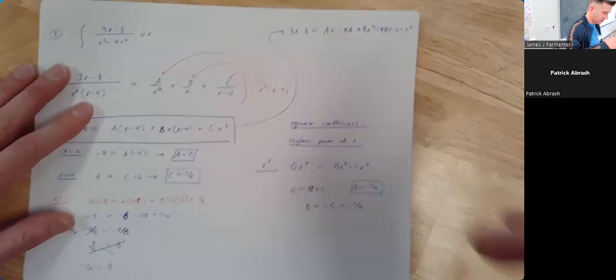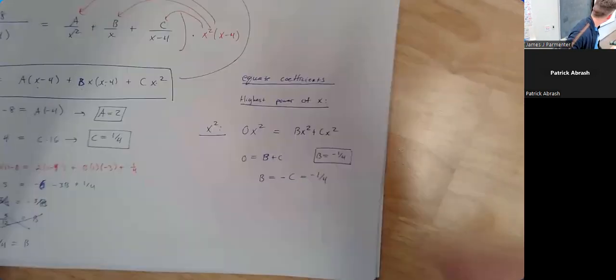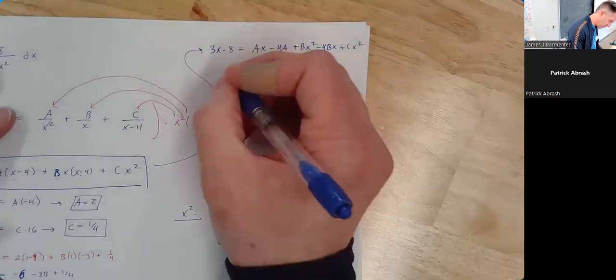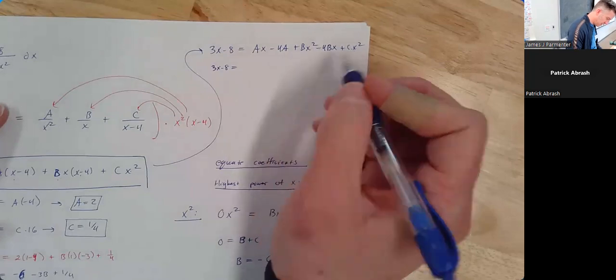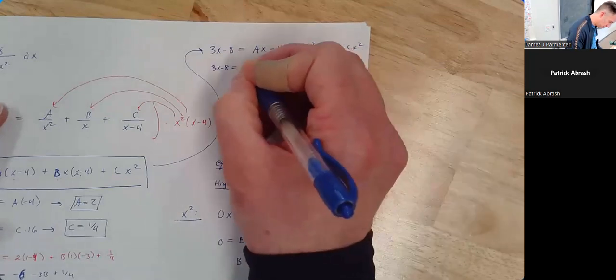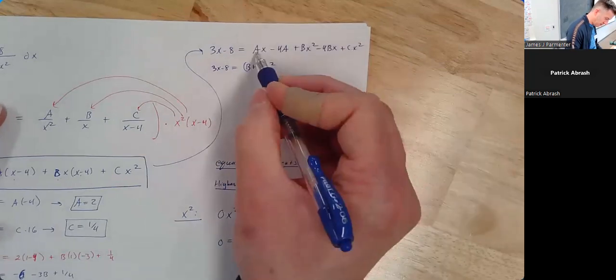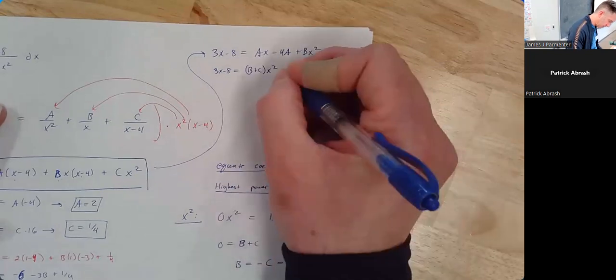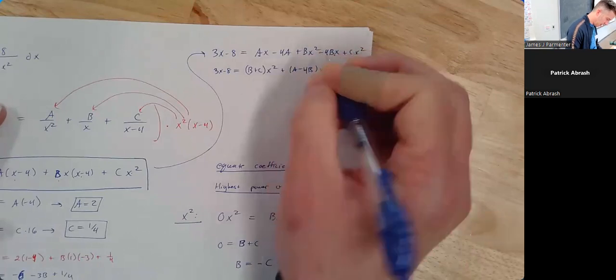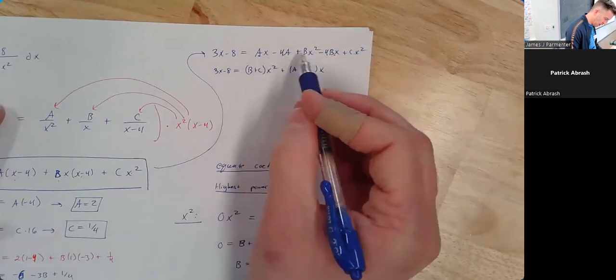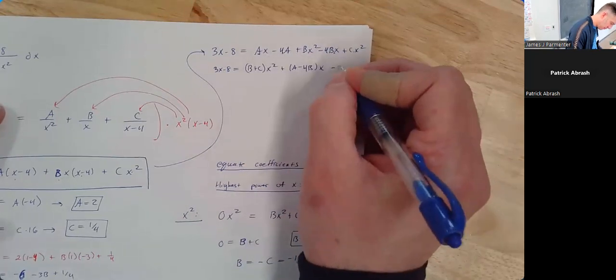So grouping the coefficients together, I have 3x minus 8 on the left. I have a b plus c times x squared. I have an a minus 4b times x. And I have a negative 4a as my constant term.